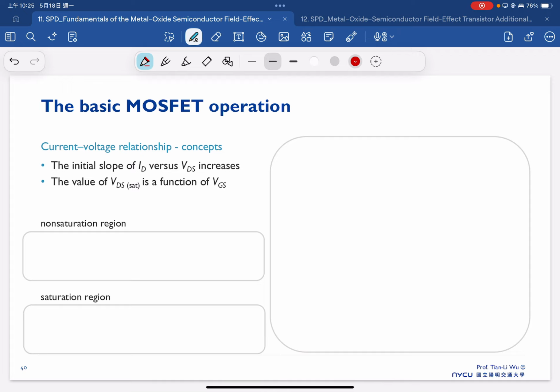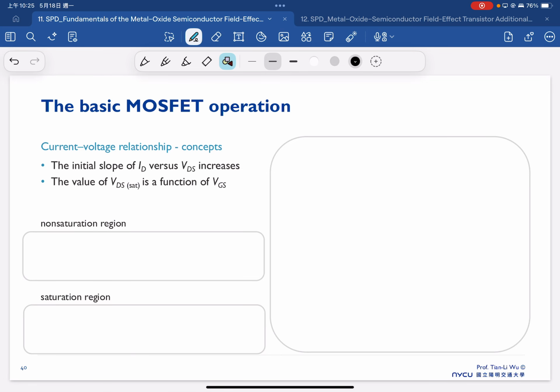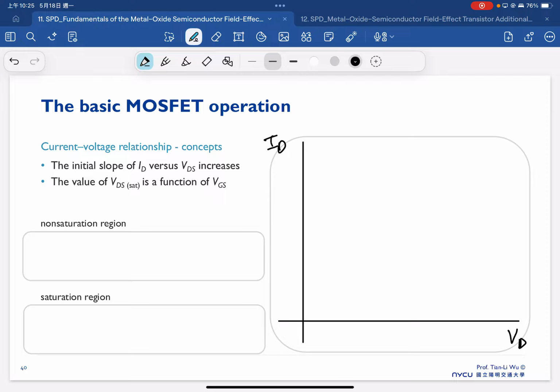So we have the current and voltage equation for the full ID-VD characteristic, and we consider different VGS here.